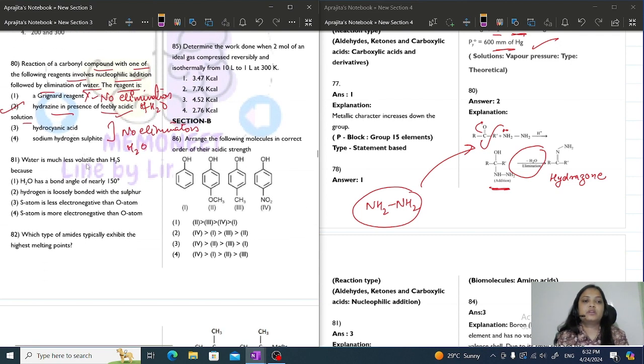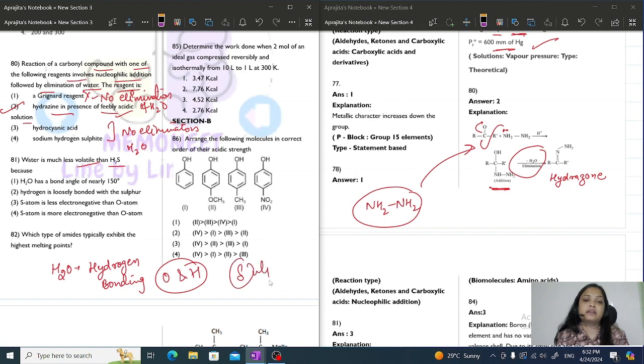Next, 81, water is less volatile than H2S. Now both of them are the hydrides of group 16. Now water is less volatile because you know that in water molecule there is hydrogen bonding, between the electronegative oxygen and hydrogen.